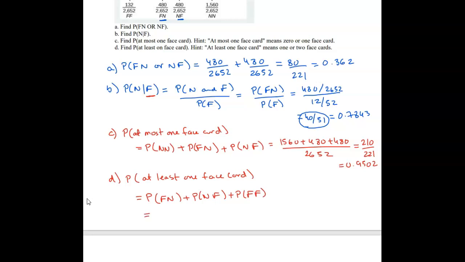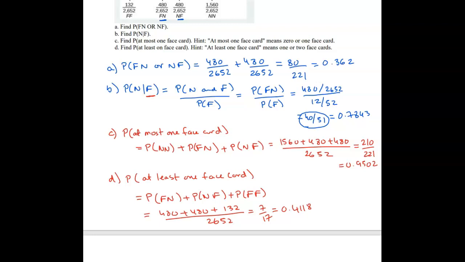So this is going to be 480 plus 480 plus 132 divided by 2652. This simplifies to 7 over 17, which is 0.4118.